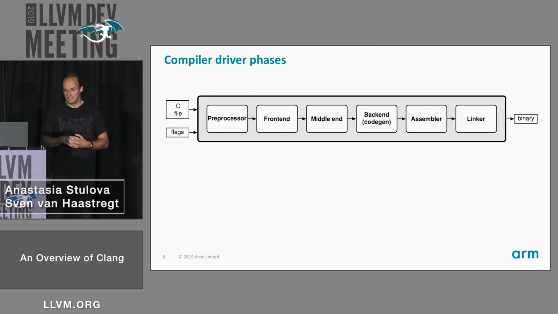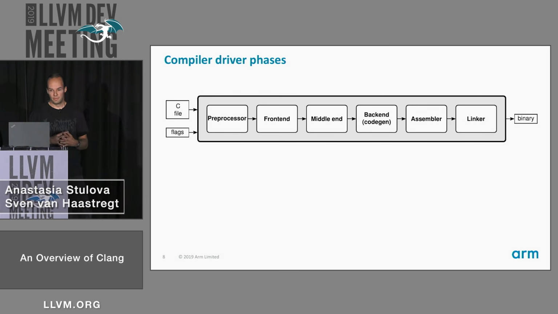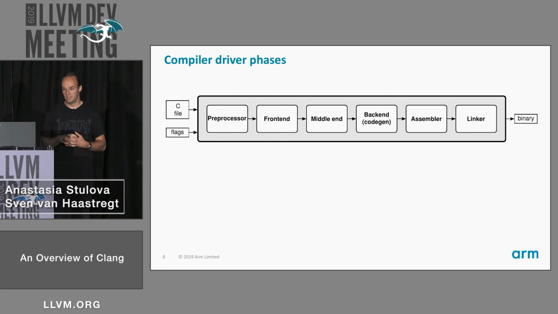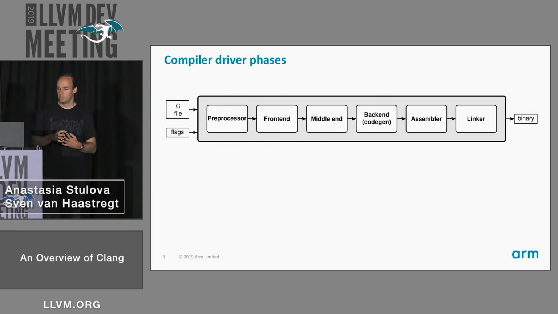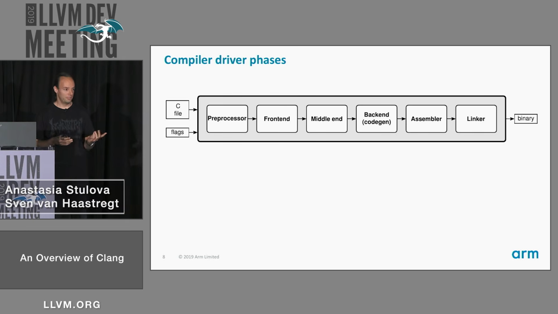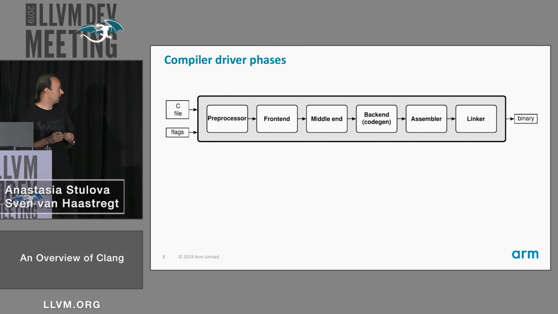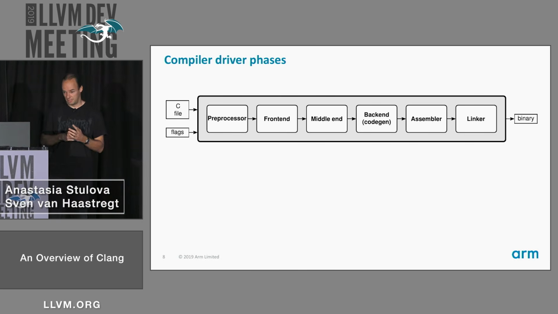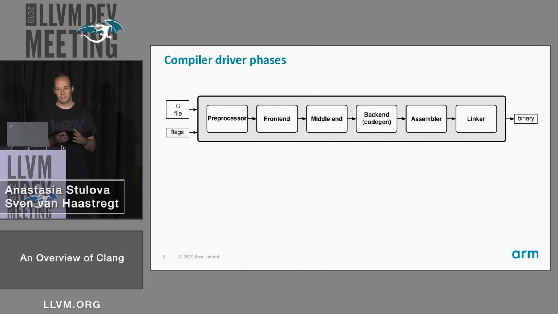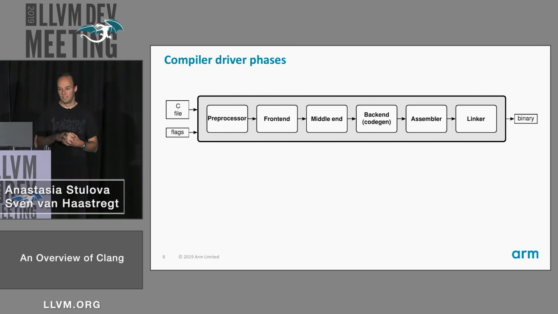So this is the textbook compilation pipeline of how to compile a C file to a binary. You have a C file on the left, you pass it some flags. The C file goes to the preprocessor, which does all the macro expansion, the include file handling and stuff like that.